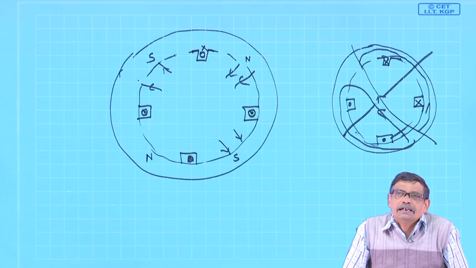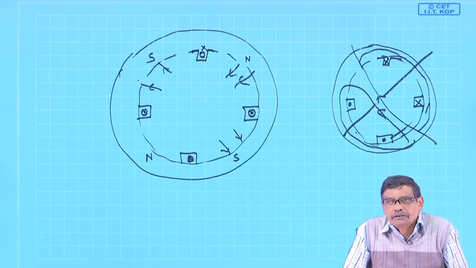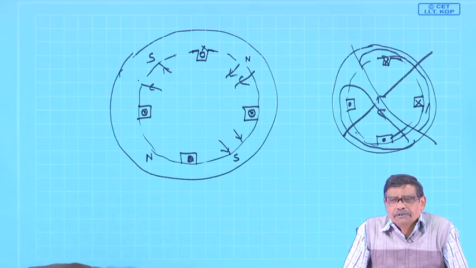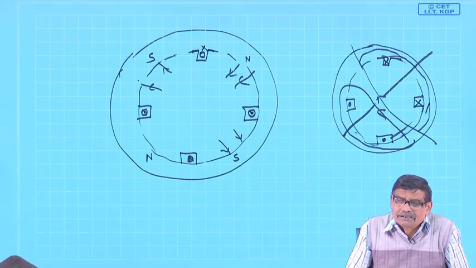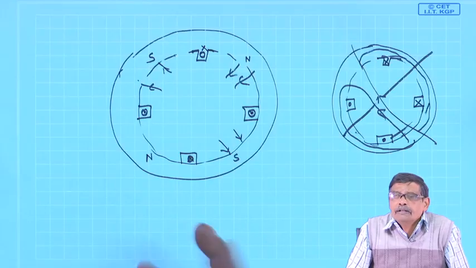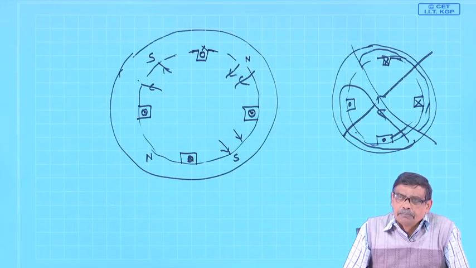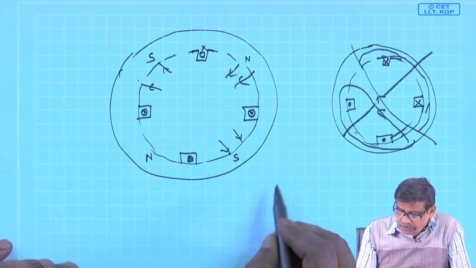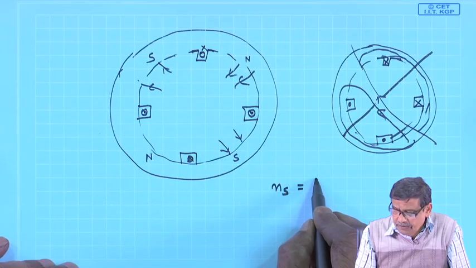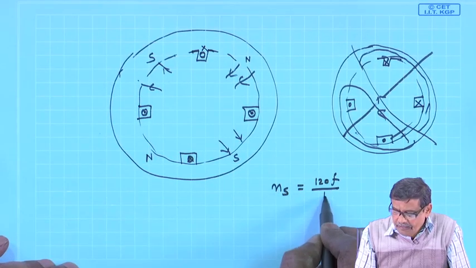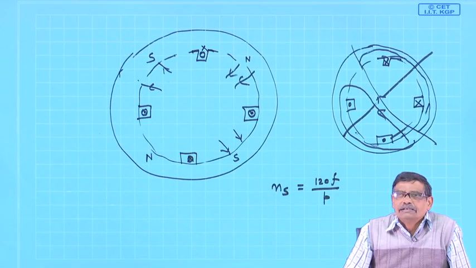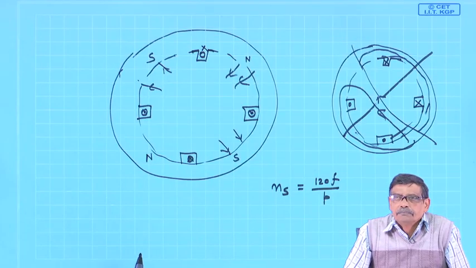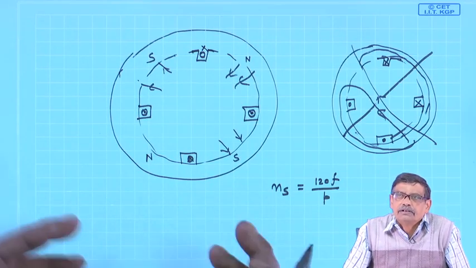This is much more elegant and easier than asking for 2 separate stator coils or one 3 phase stator coil with extra terminals brought out, which had to be reconnected in a particular fashion to give different levels of speed. Because ultimately, as I told you, synchronous speed is equal to 120 f by p. Earlier it looked like supply frequency you cannot control, because it is the bus voltage that we are getting.